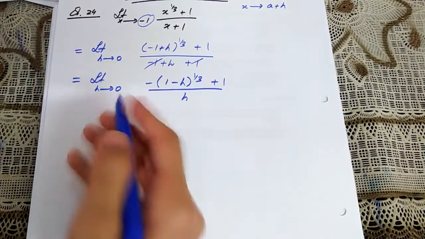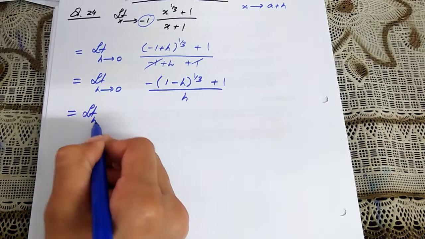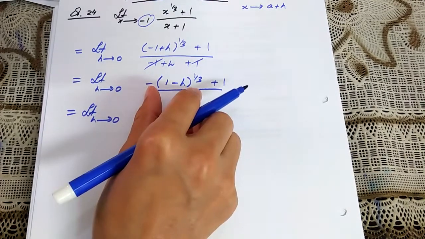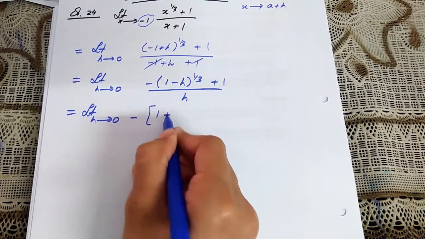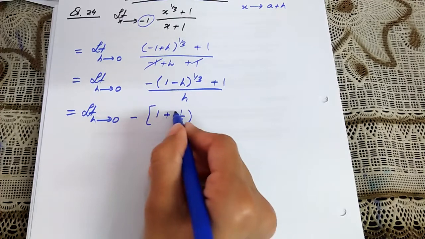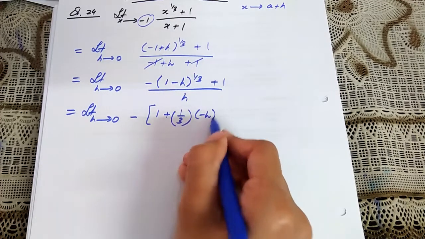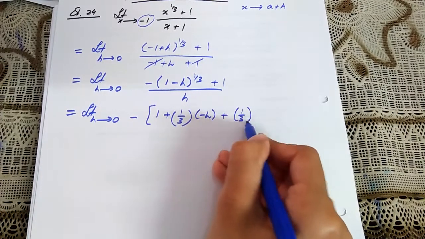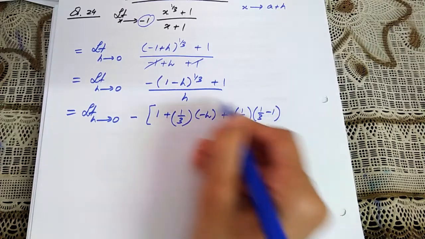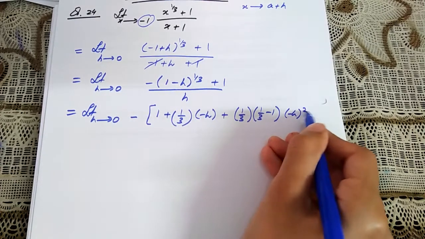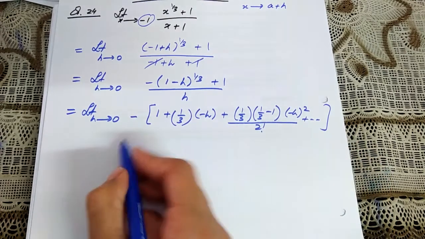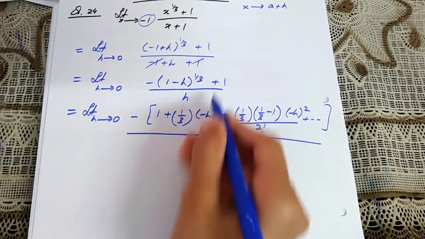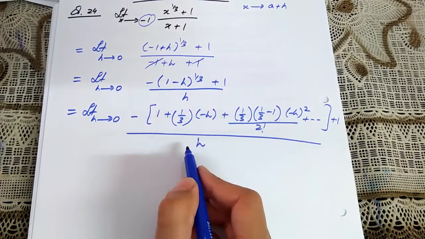Now, with the limit as h approaches 0, expand this: the first term, plus the power times the second term, plus power times (power minus 1) times the square of the second term divided by 2 factorial, plus so on, divided by h, and we have plus 1 here as well.